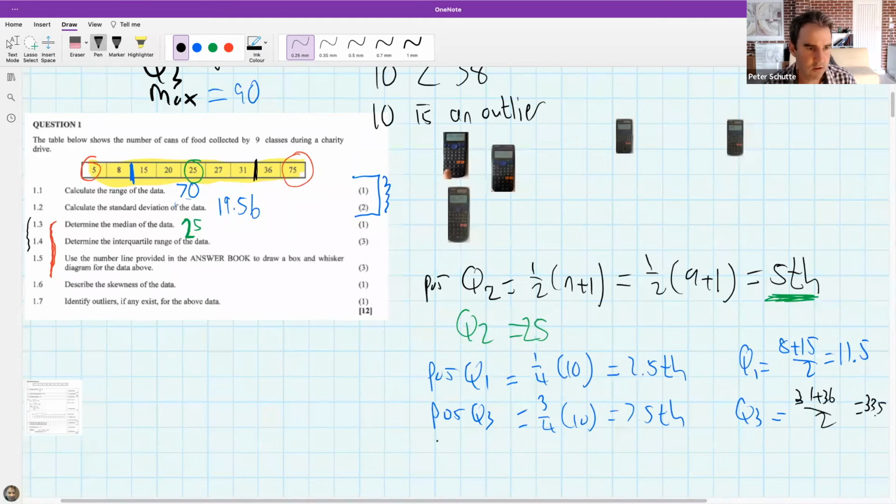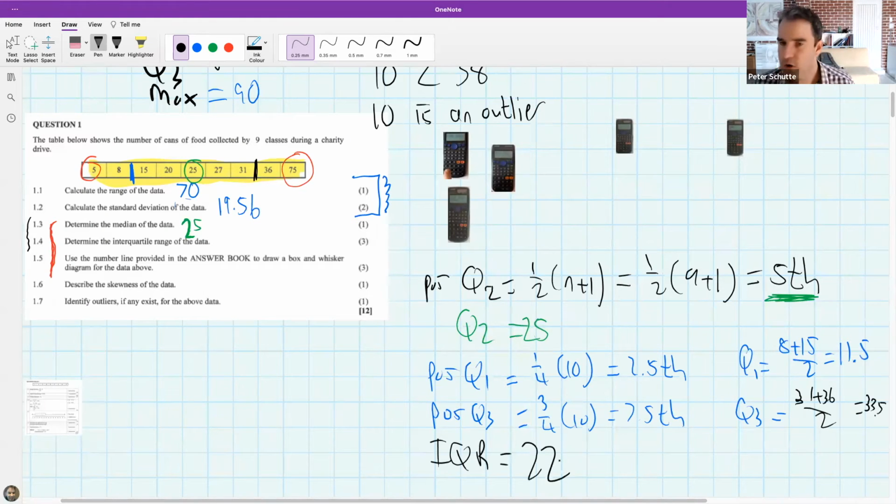So what is my interquartile range going to be? Yeah, so we just go 33.5 minus 11.5, and we get 22.